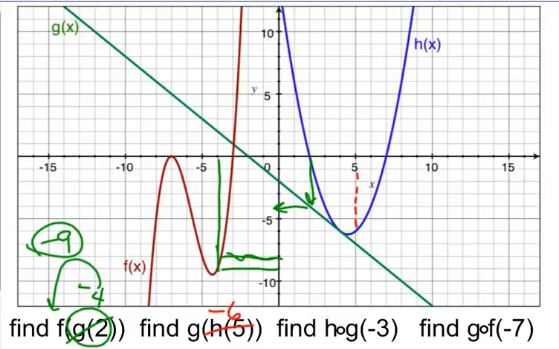Where is he at -6? 4. Put a 5 into H, the blue one, and at 5 it was equal to -6. Put the -6 into G. The green function at -6 is equal to +4. Okay?